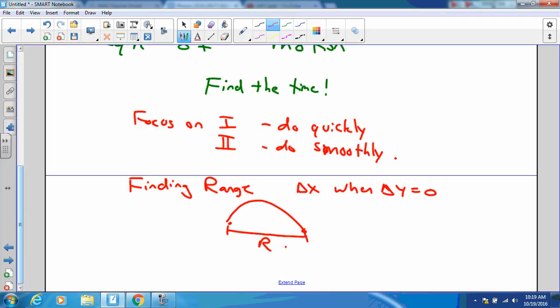If you should know the trig identity, then I would say go ahead and practice deriving it for yourself one time, because it's a useful exercise. If your trig is not there yet, because you're still in trig right now, then I would say go ahead and memorize the range equation as a standalone equation. But just make sure that you know what range is talking about: delta x when delta y is 0.